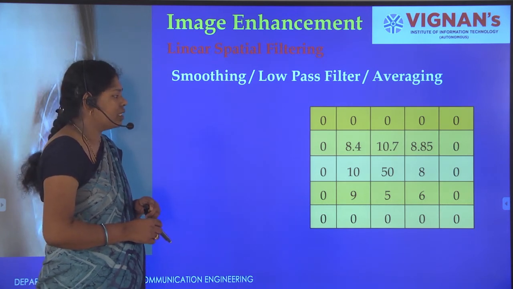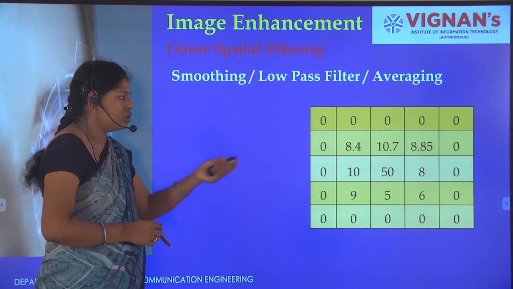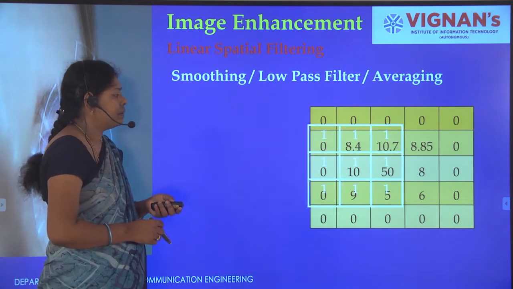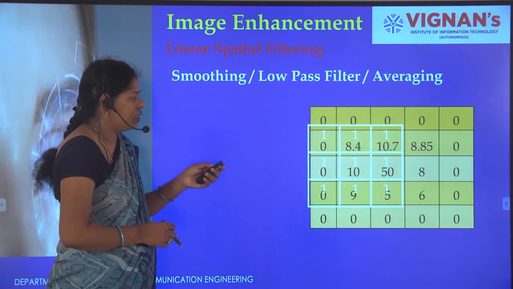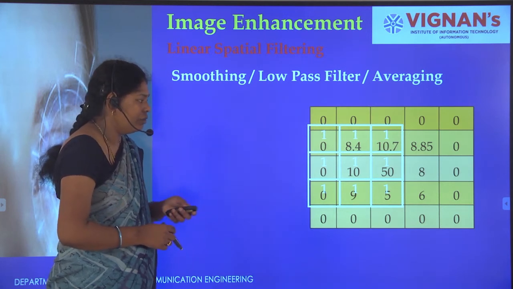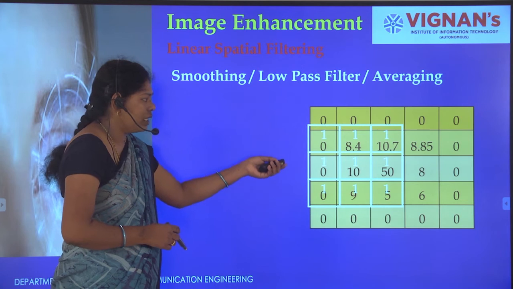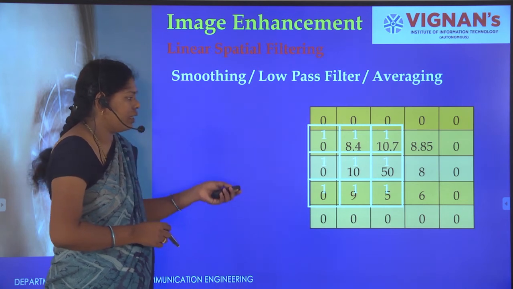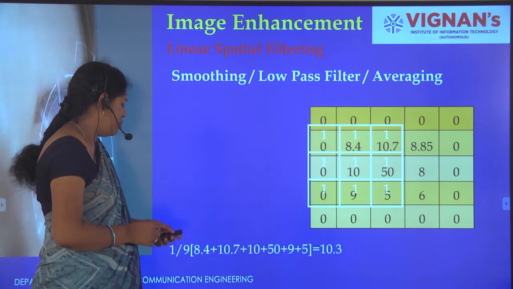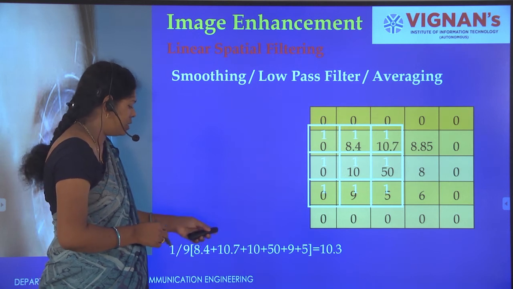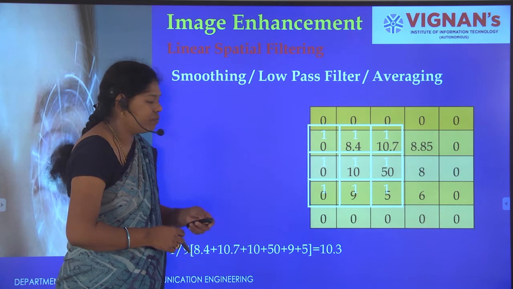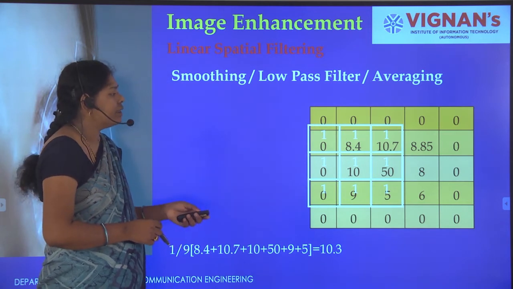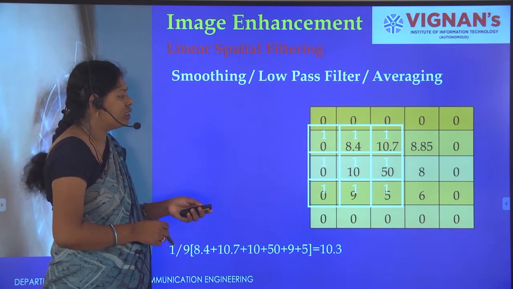The next center will be at 10. That is 1 by 9 into 8.4 plus 10.7 plus 10 plus 50 plus 9 plus 5. We are getting 10.3. The 10 will be replaced with 10.3.